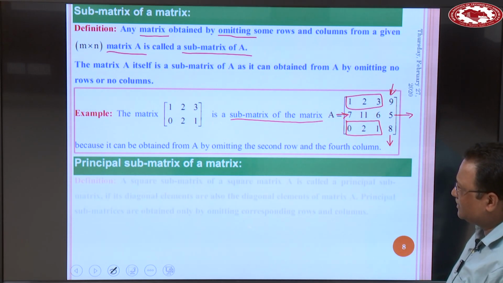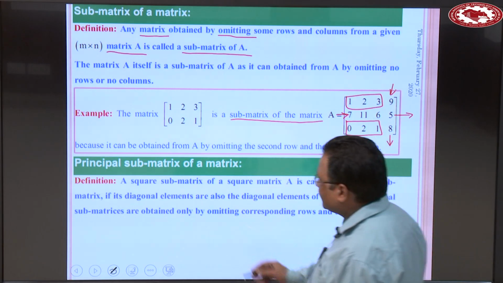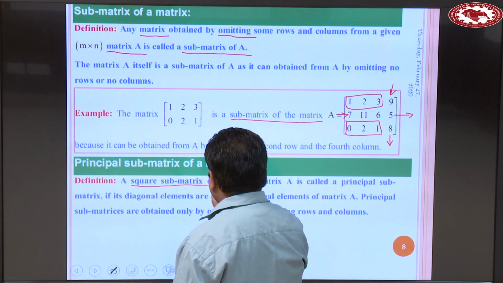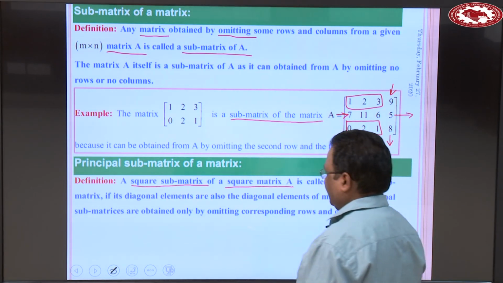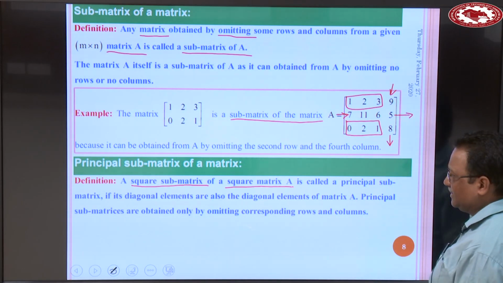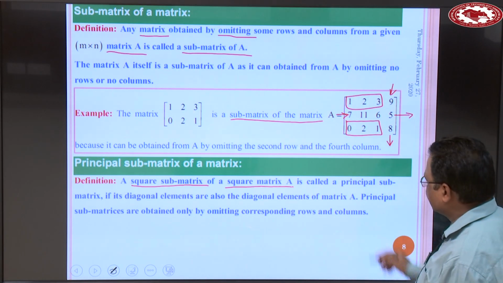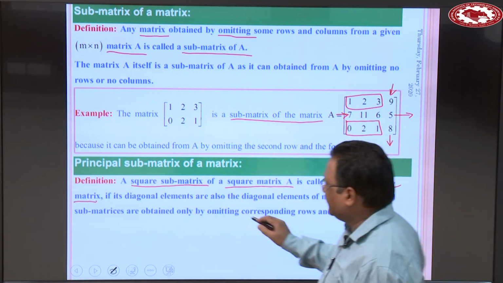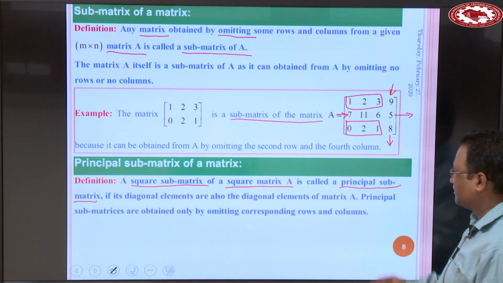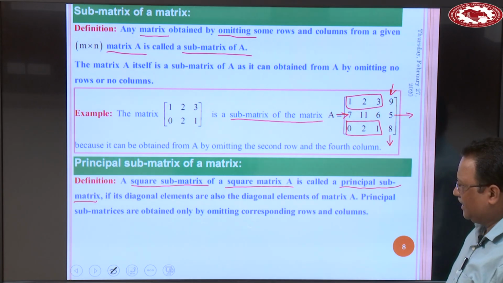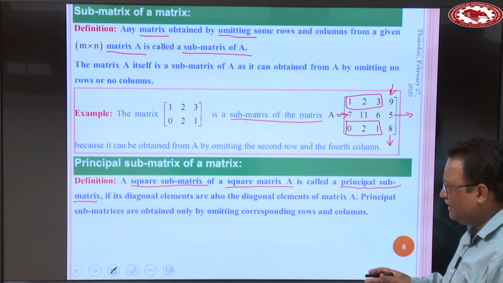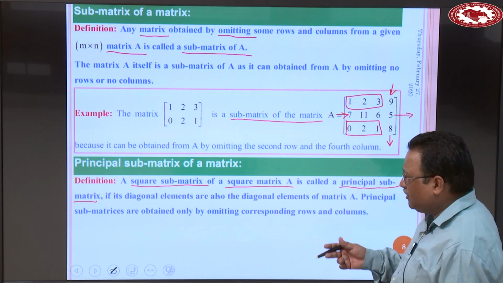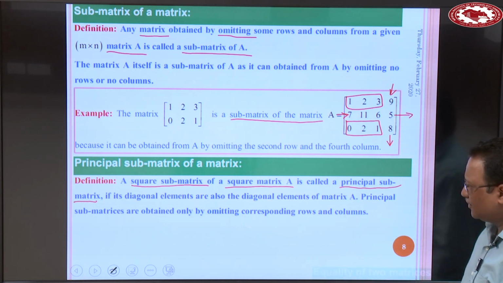Next definition: principal submatrix of a matrix. A square submatrix of a square matrix A is called a principal submatrix if its diagonal elements are also diagonal elements of the matrix A. Principal submatrices are obtained only by omitting corresponding rows and columns.